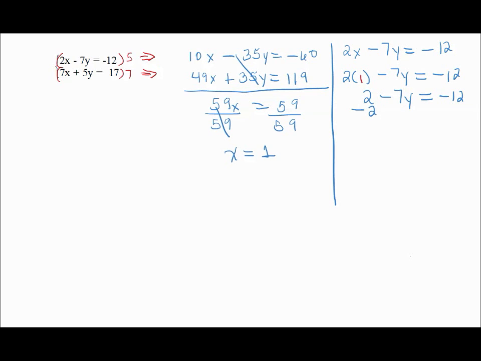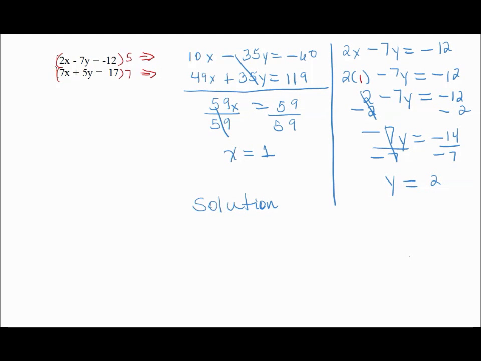Excuse me, I'll subtract 2 from both sides. That leaves me with a negative 7y is equal to a negative 14. Divide both sides by negative 7. That leaves me with y is equal to negative 14 divided by negative 7, which leaves me with 2. So my solution, my x value is 1 and my y value is 2.